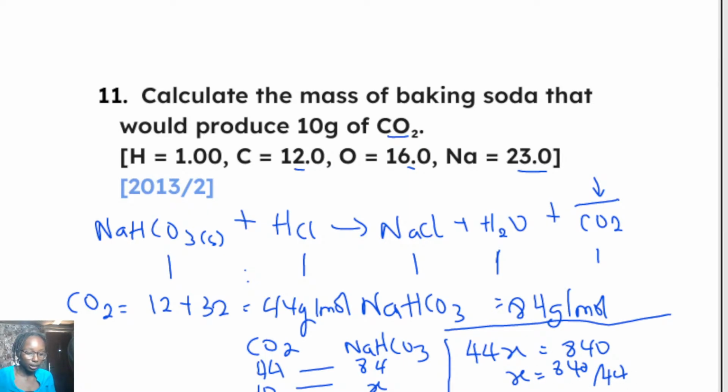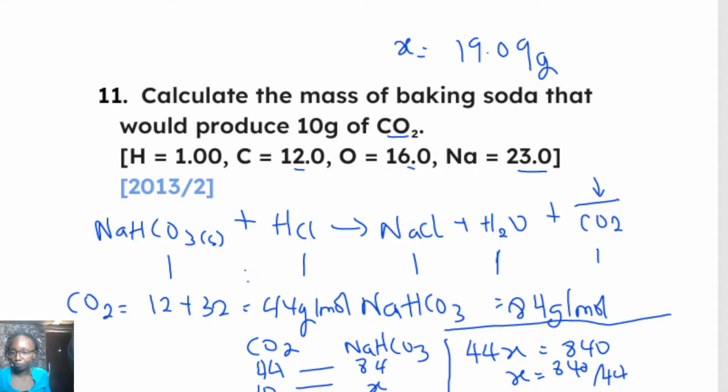If you punch that in, I have 19.09 grams. Of course, I just approximated, but 19.09 grams. I really wanted us to stop at number 10, but this was a good place to actually stop.